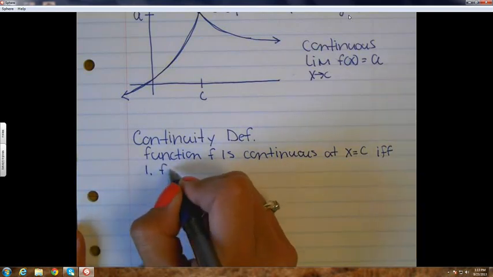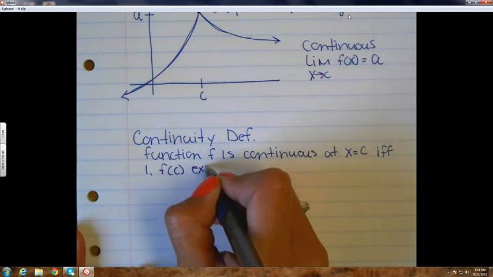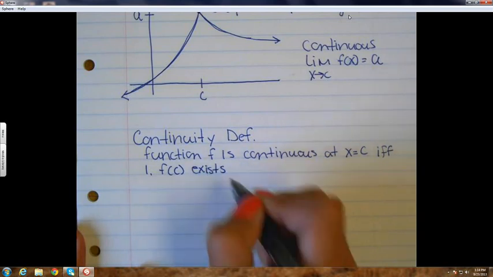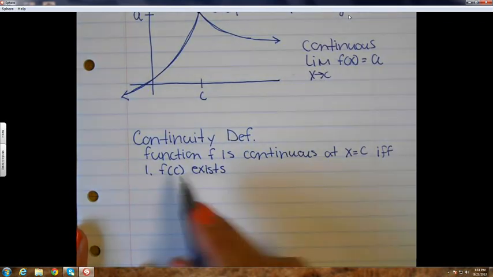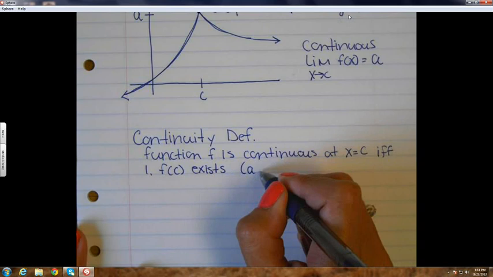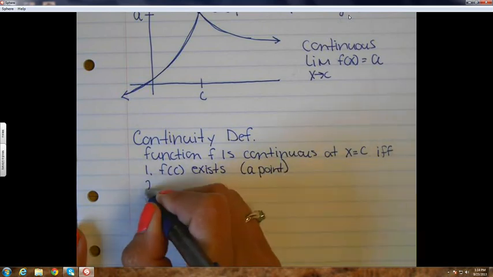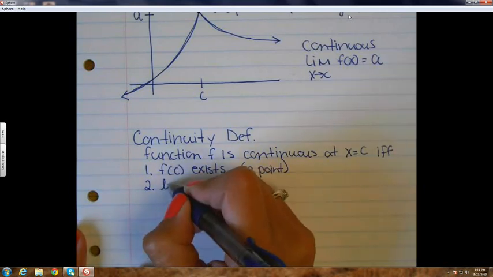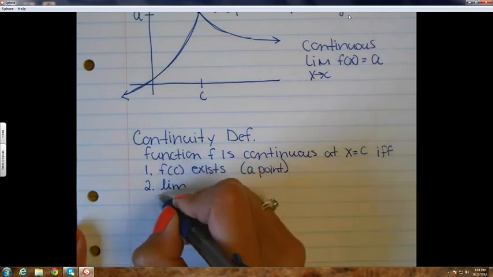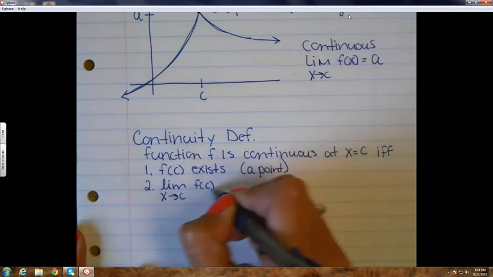One is that f of c exists. That means there's a point on the graph at c. All right. The second thing is that the limit as x approaches c of your function also exists.